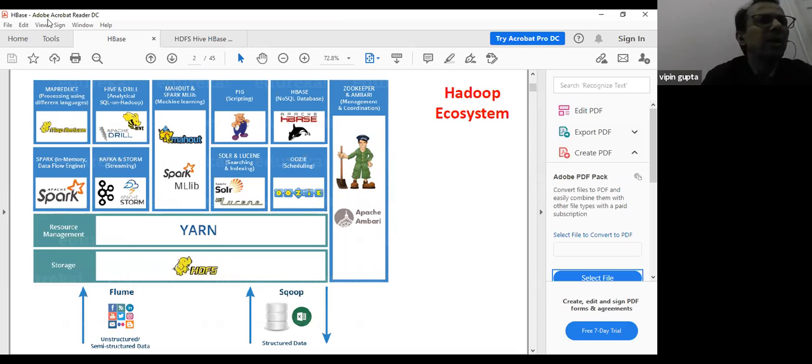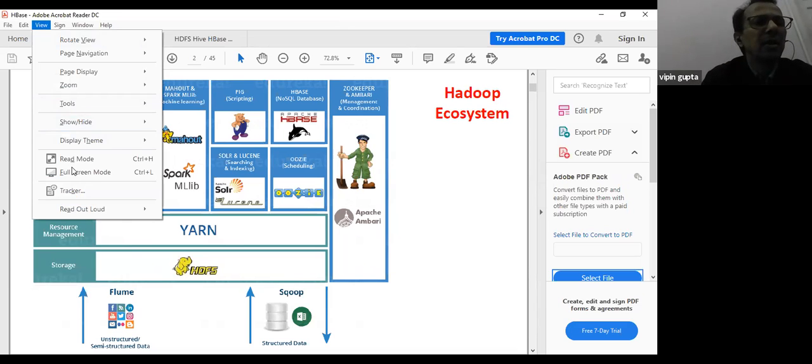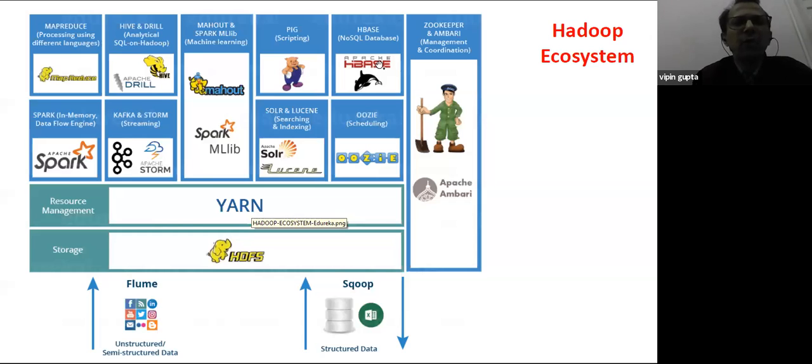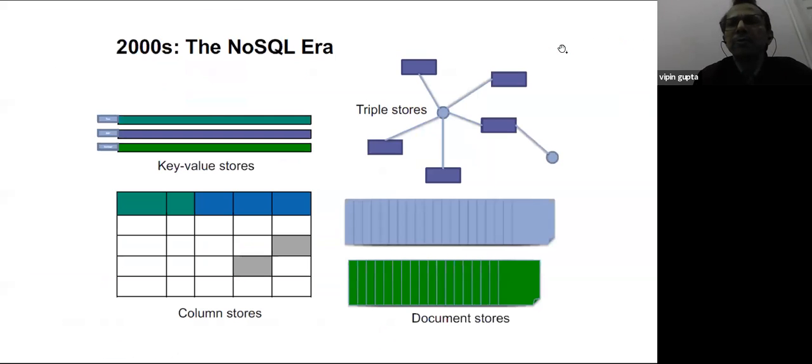Now we are discussing HBase. When we talk about NoSQL, 4 types of NoSQL databases are there. The first one is the key store, like a dictionary, where we have the word and the meaning. That is best suited for key-value.